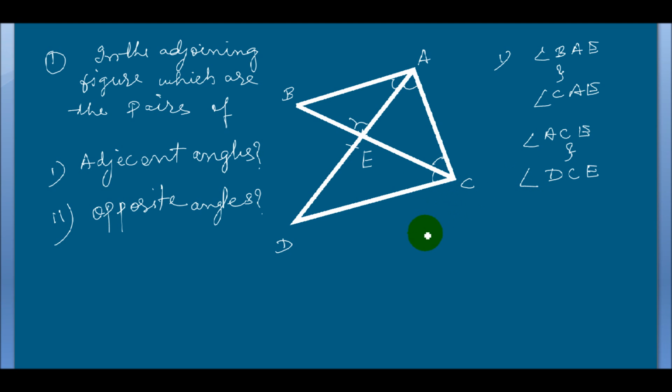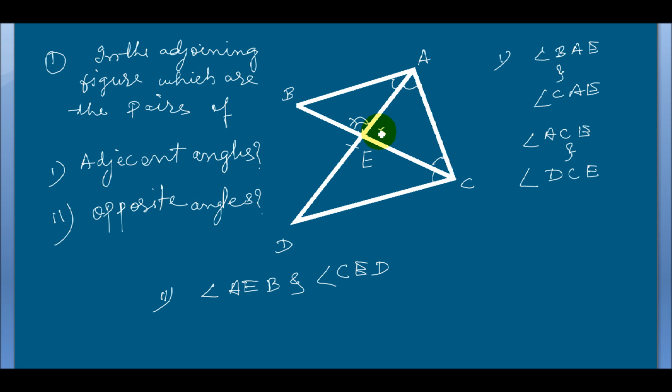Now what are opposite angles? For opposite angles, that means vertically opposite angles, here we will look at the point E. So angle AEB and angle DEC, or CED, are opposite angles.